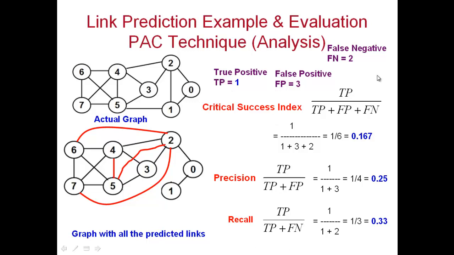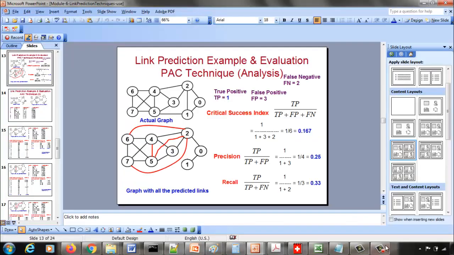So 3 links are up for testing, and you're predicting only one of these 3 links rightly. So 1 over 3, 0.33, is the recall. You would try to maximize all these 3 performance metrics. Okay, I will stop here, and we'll go through examples in detail in another video.